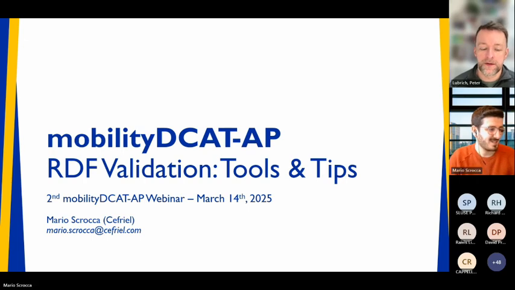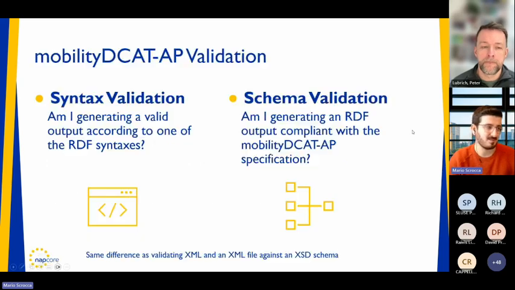So before going to the tools, I wanted to make a clarification about one thing that is always a little bit misleading for people going into the objective of validating RDF. First of all, we have to distinguish between syntax validation and schema validation in RDF. This is the same as the difference between validating an XML and validating an XML file against an XSD schema. The first part is syntax validation.